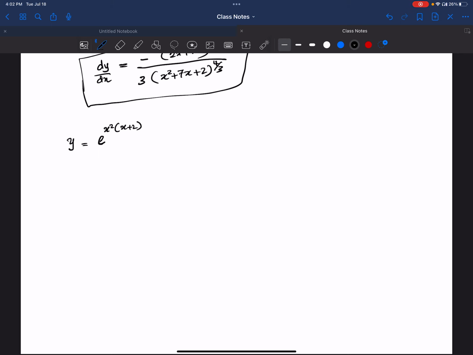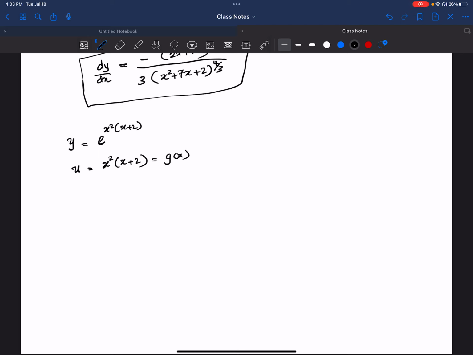Now I can use our knowledge of chain rule as well as the product rule, and then also use the other rules. So I define u as x squared times x plus 2, which is g of x.